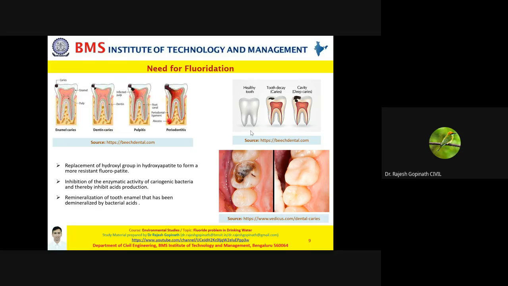You can see that there are brown stains, and also pits in the enamel. The image on the left hand side shows the various stages of dental caries development, from a healthy tooth to a severely damaged tooth.